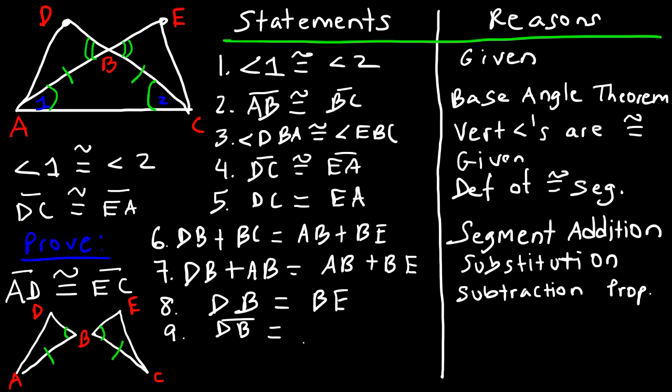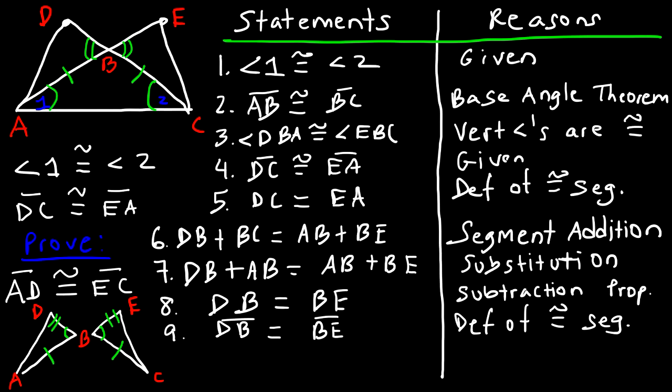For long problems, it's easy to make a mistake. So DB is congruent to segment BE. And let's rewrite this definition of congruent segments. And let's put the mark here. DB is the same as BE.